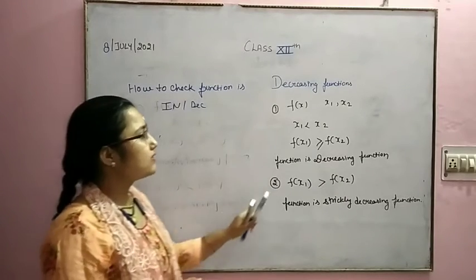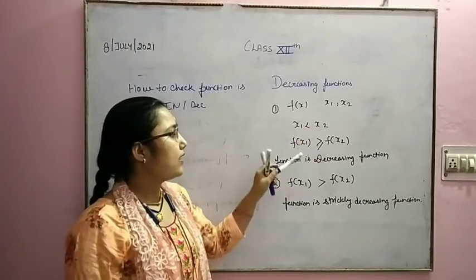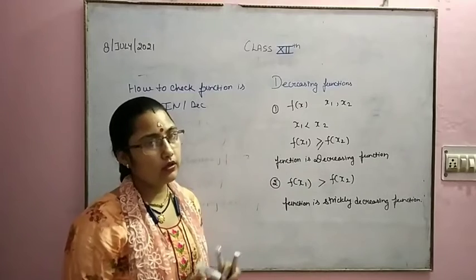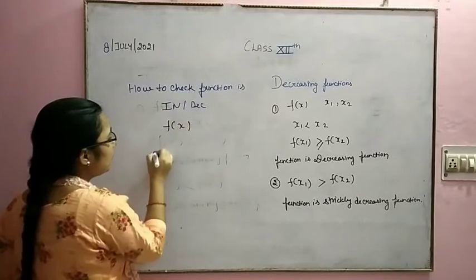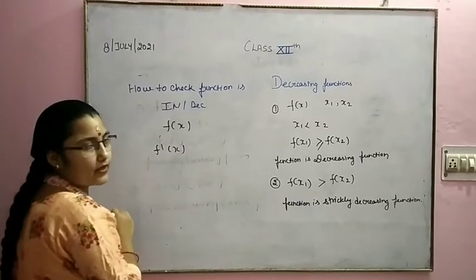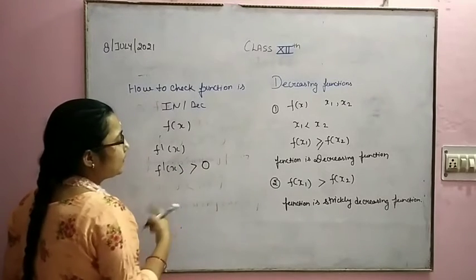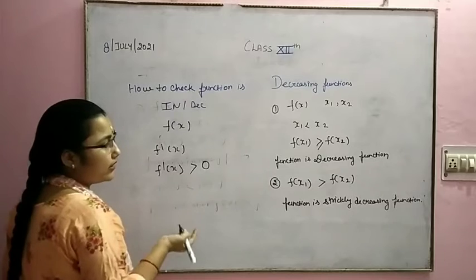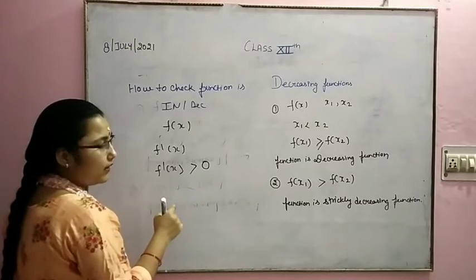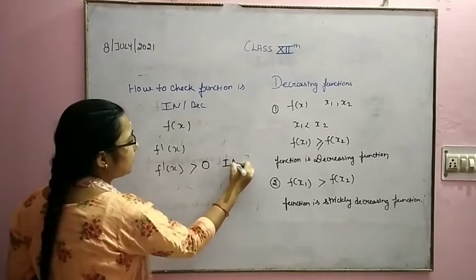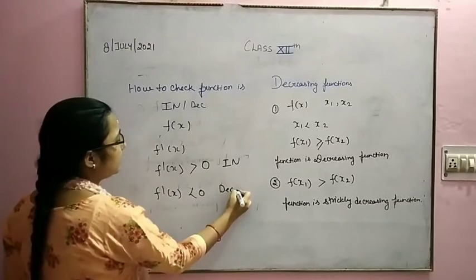So the first option: just select in the given limit 2 points x1 and x2 and then check whether f(x1) is greater than f(x2) or not. Okay. Then the second case, if f(x) is given to you, first find f'(x) and then check whether f'(x) is greater than 0, that means positive, or less than 0, that means negative. If it is greater than 0 for the given limit, the function is increasing. If f'(x) is less than 0, the function is decreasing.